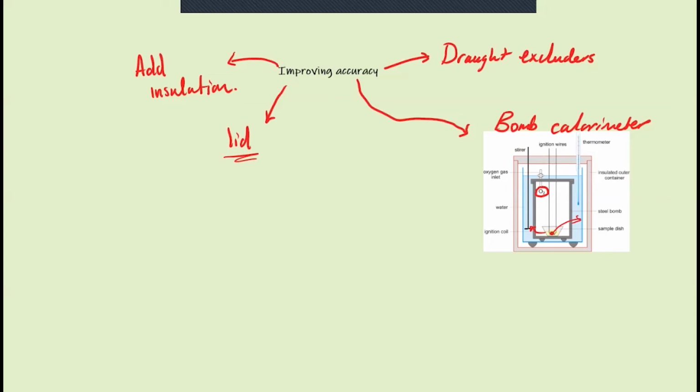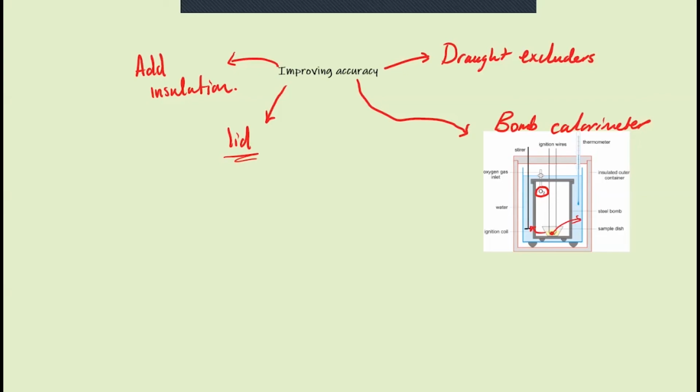Now, a bomb calorimeter can also measure the amount of heat loss otherwise taking place during a reaction, by using these ignition wires to measure the same temperature change as we have just done with a chemical reaction, and we can measure the difference in energy between those two values and therefore get heat loss.